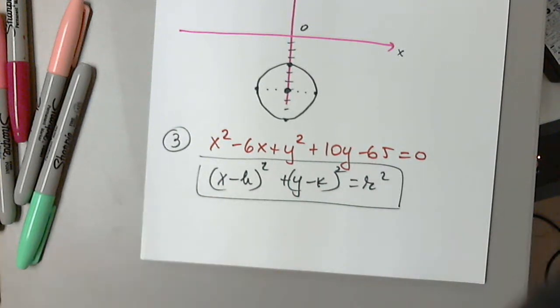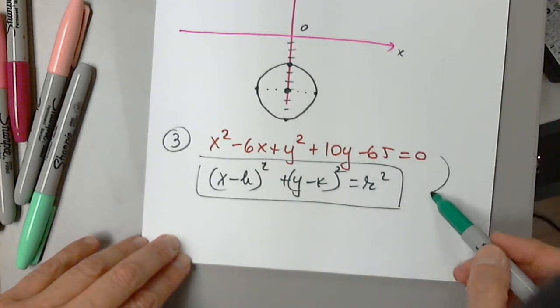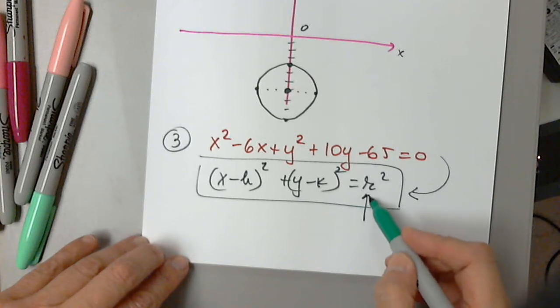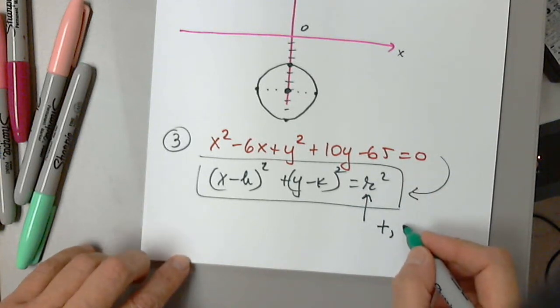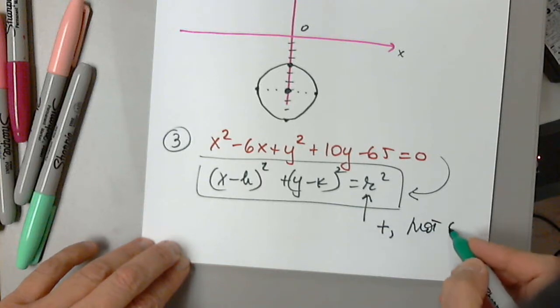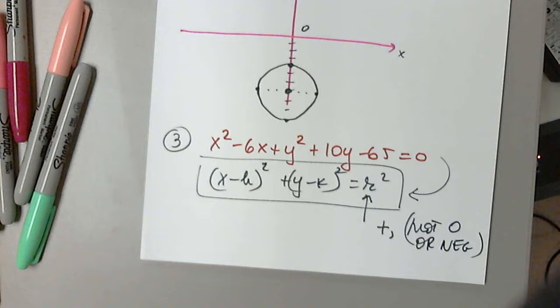If somehow I manage to change this into something like this, and r, or this portion on the right-hand side, is a positive number, not 0 or negative, in other words, then I will say, yes, it's the equation of a circle. So the right-hand side cannot be 0. If it's 0, the circle is a point, just a center.